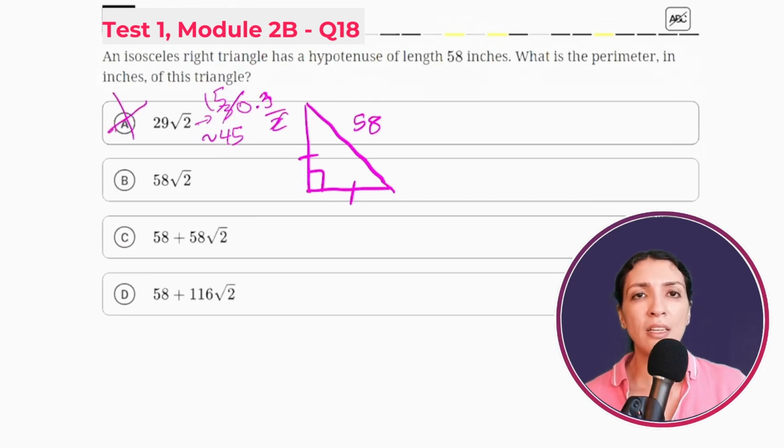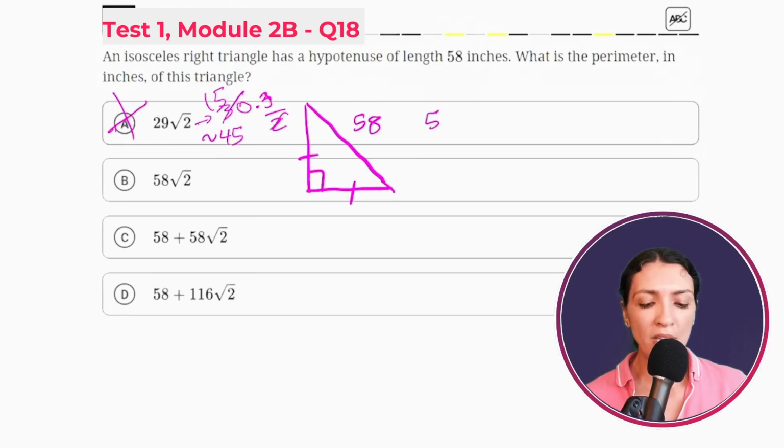Let's think of the upper limit of this perimeter. By definition, the hypotenuse is the longer side of a triangle. So the other sides must be shorter than 58. So the upper limit of the perimeter would be if all sides were equal to the hypotenuse.